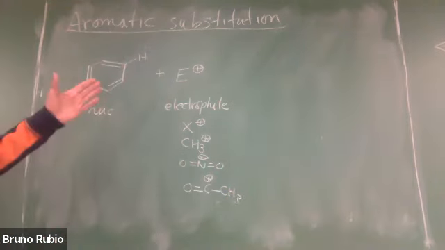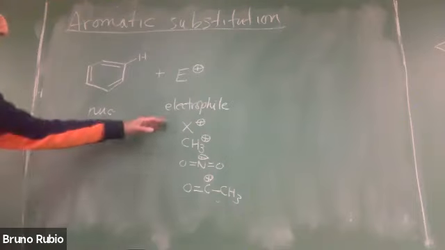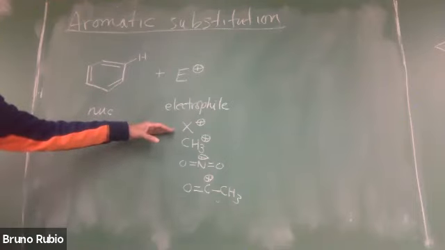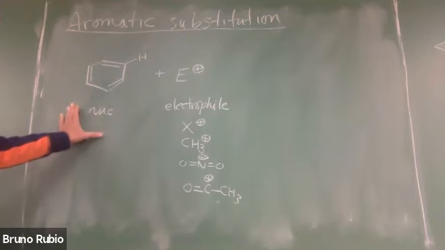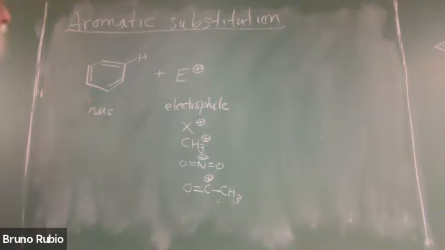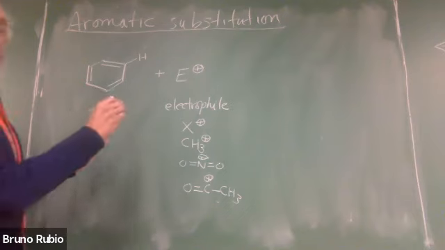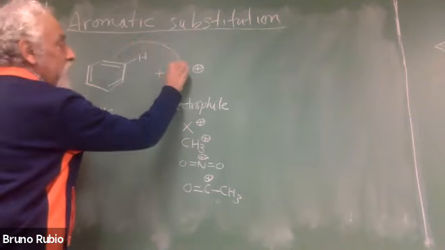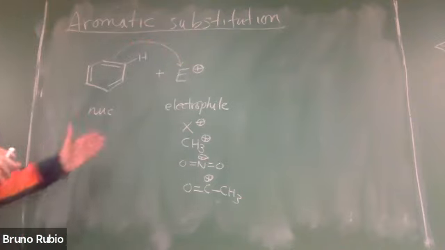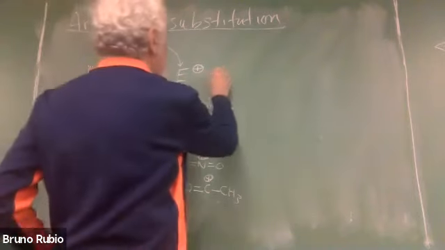So we study a bunch of reactions, and each of those reactions produces a different electrophile, which is then snapped up by benzene, which functions as the nucleophile. Okay, and so what happens in this reaction is that one of the pi bonds of benzene, that's the nucleophile, attacks the electrophile.